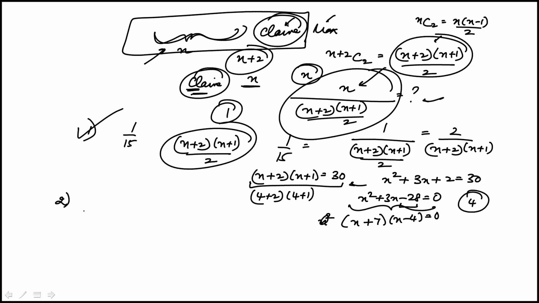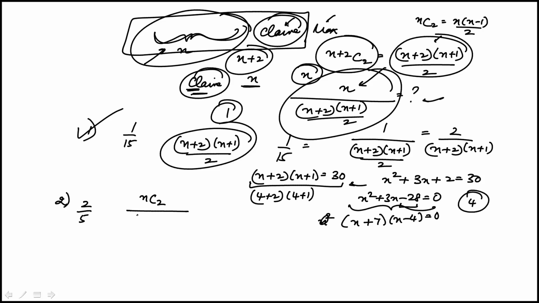Statement 2 says the probability that the 2 people selected will include neither Claire nor Max is 2/5. So the number of ways I can select 2 people from people other than Claire and Max is nC2, divided by (n plus 2)C2. That's really the translation of statement 2.